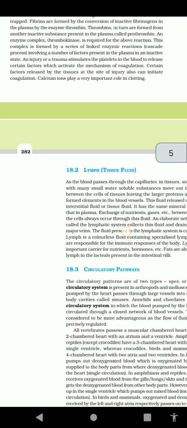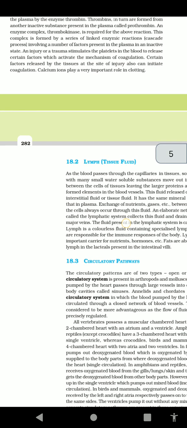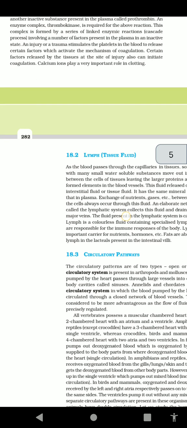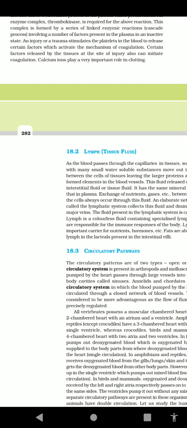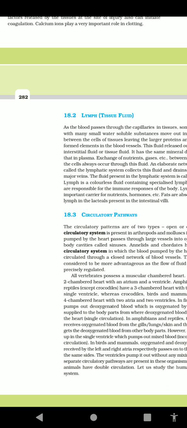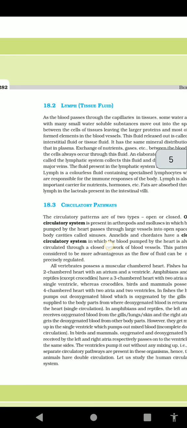An injury or trauma stimulates the platelets in the blood to release certain factors which activate the mechanism of coagulation. Certain factors released by the tissues at the site of injury also can initiate coagulation. Calcium ions play an important role in clotting.